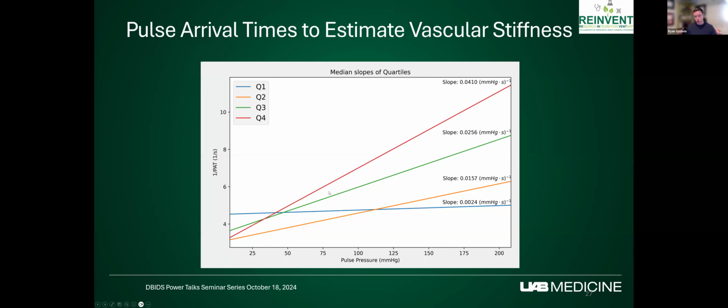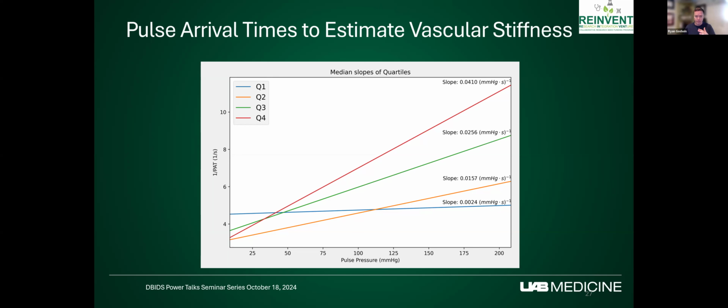So across the whole cohort, we just wanted to look at the range of slopes. And so we just pulled out the median value of each quartile of the slopes versus pulse pressure. And this is just a plot of that to show you sort of the spectrum of vascular stiffness profiles that we see in the real world cohort.